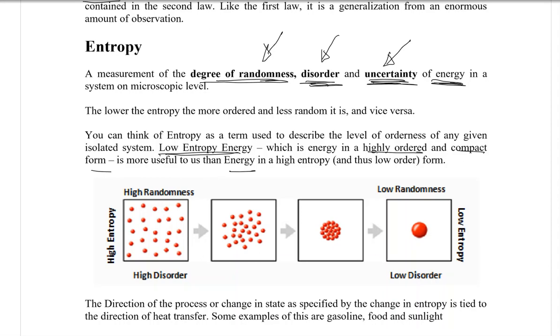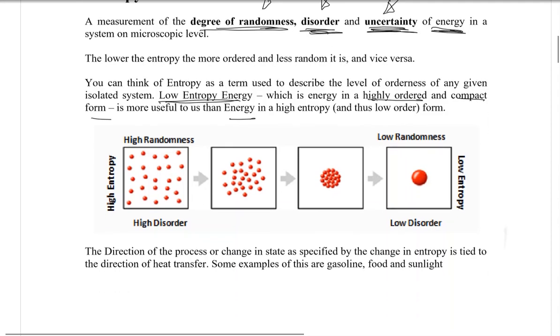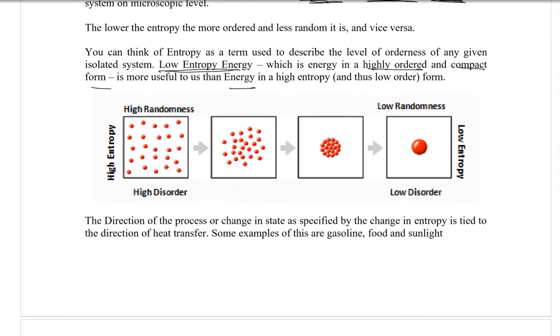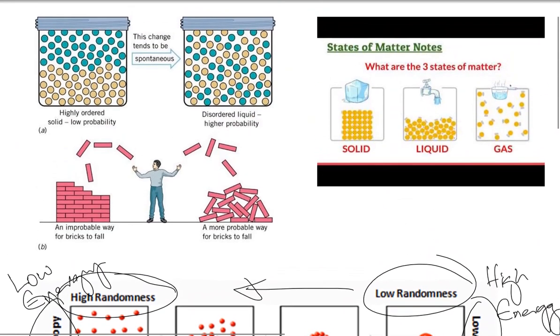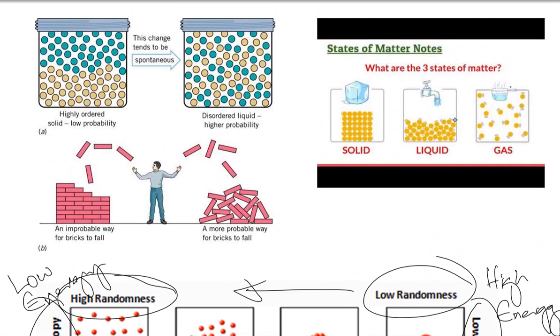The direction of a process or change in state, as specified by the change in entropy, is tied to the direction of heat transfer. For example, say you are burning gasoline, which is in liquid form. When you burn it, it goes into gaseous form.